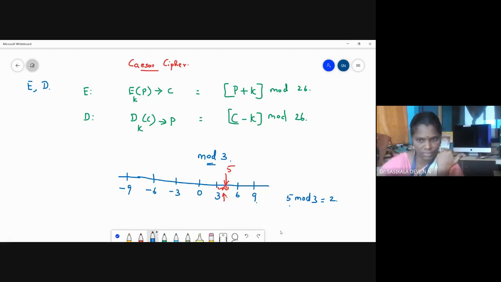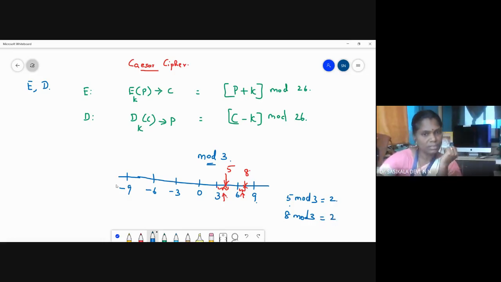For example, if it is 8 mod 3, I can plot it here. 8 is somewhere here, and the remainder is this region. So 8 minus 6 is 2. So this is nothing but 2.